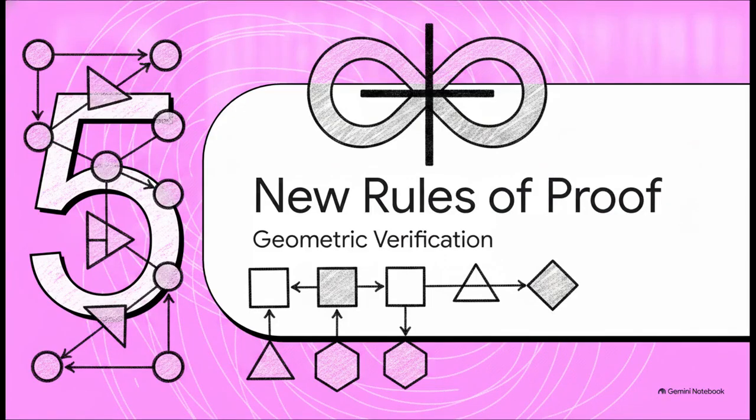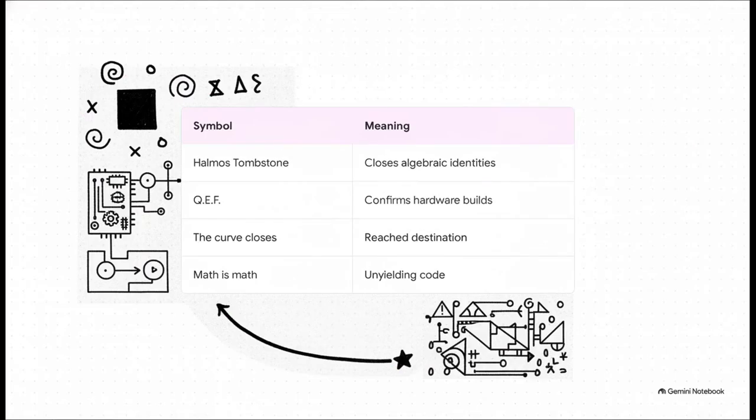Which brings us to our final section, new rules of proof. So if you completely eliminate infinities without using those old subtraction tricks, you ultimately change how math itself is verified on paper. The author outlines some exact authoritative proof-closing conventions to replace the old QID tricks. First up, we keep the classic Halmos tombstone, the solid black square, but it's now strictly used to close exact algebraic and trigonometric identities.